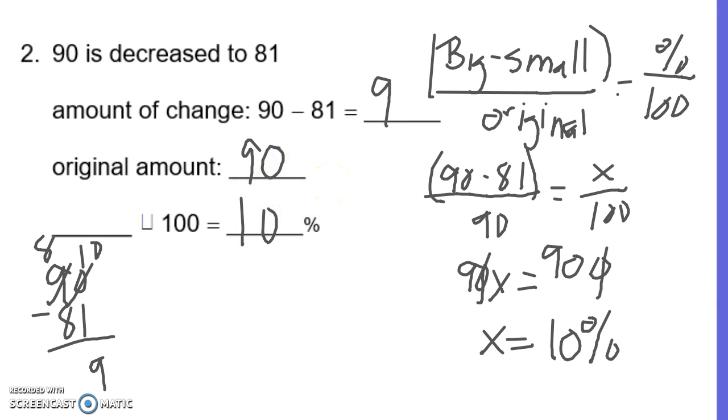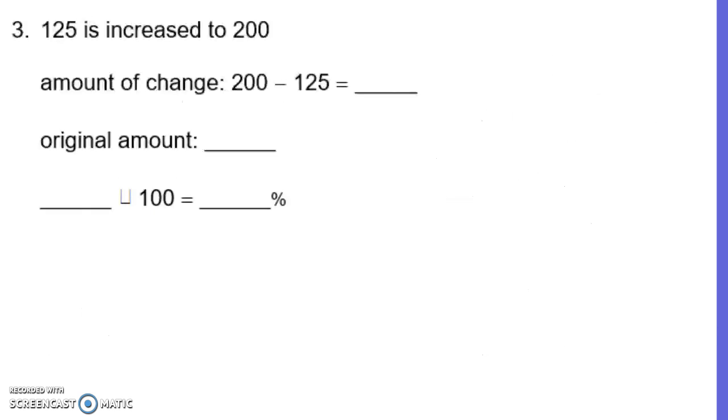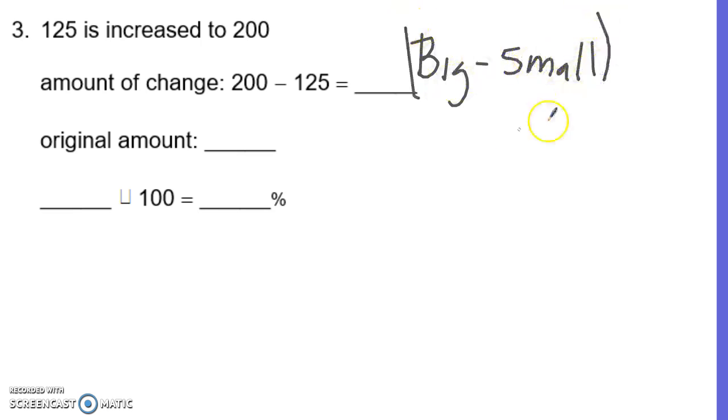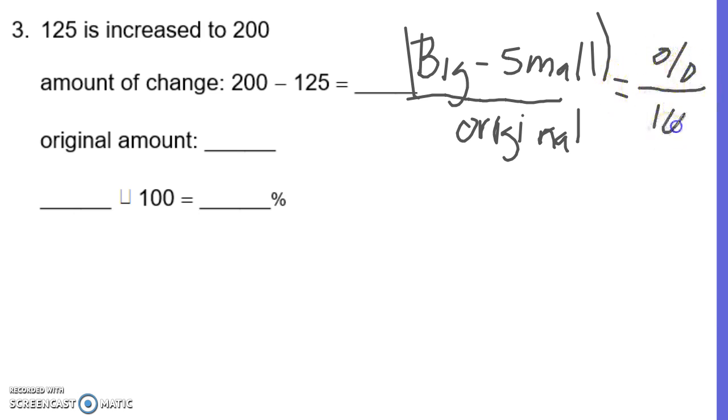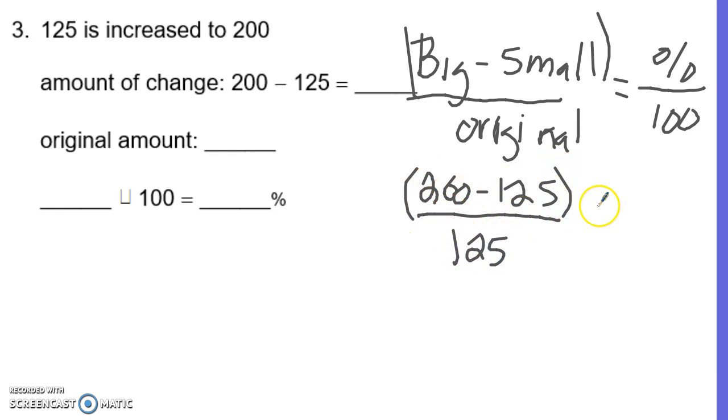Okay, let's take a look at number 3. On number 3, it is big minus small over original equals percent over 100. So I'm going to say 200 minus 125 over 125 equals x over 100.